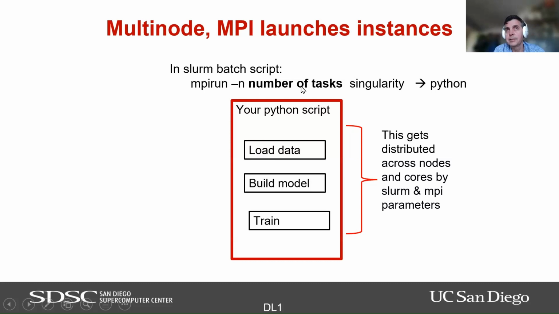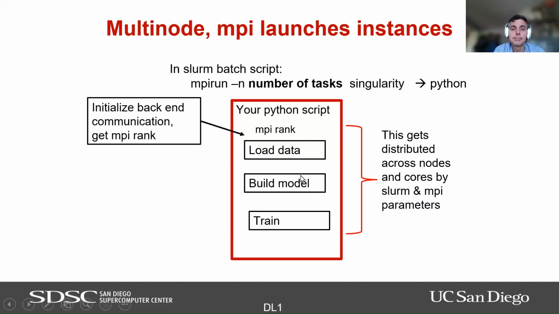If you're running on one GPU node, it could be 4. It doesn't have to be 4, it could be 2. If you're running 2 GPU nodes, it would be 8, for example. So we run an mpirun command, and that launches the Singularity command, which runs the Python script.